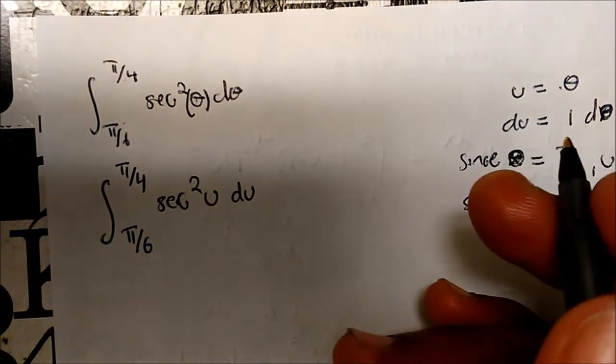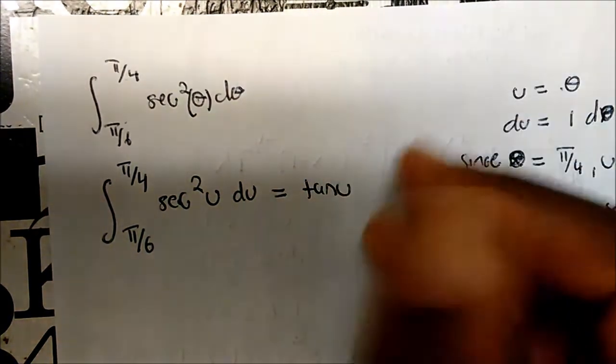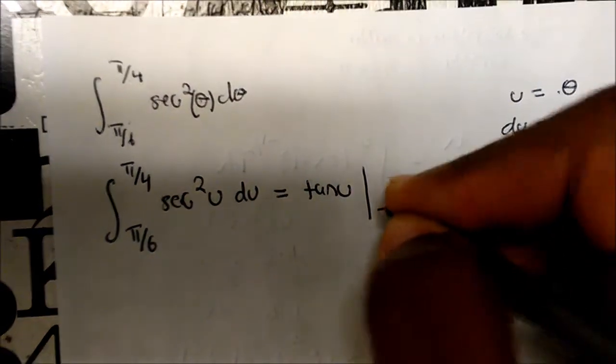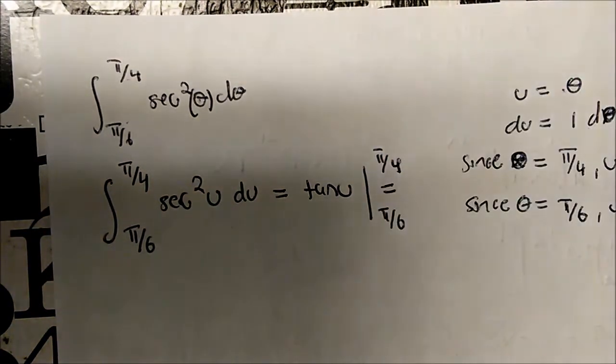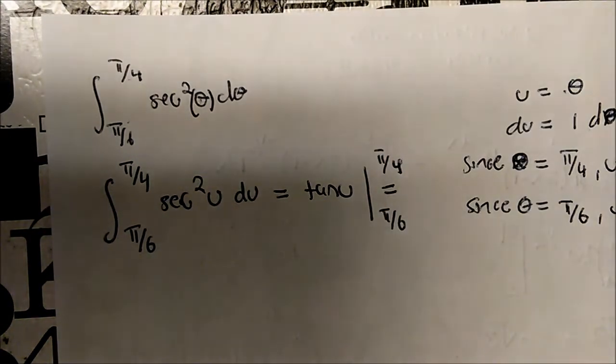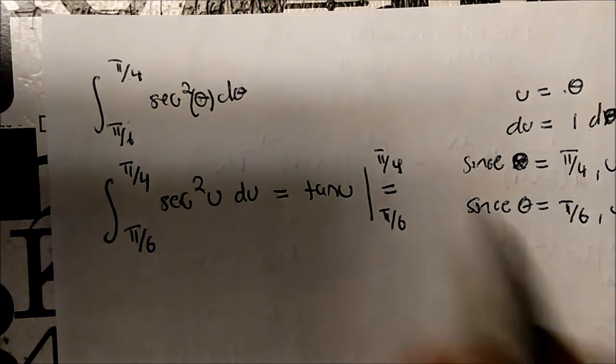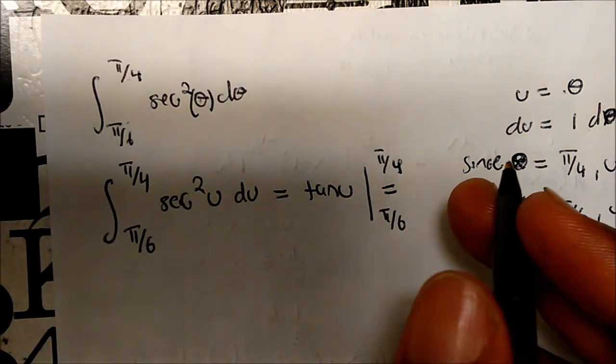The antiderivative of secant squared of u is just tangent of u, evaluated from the lower limit to the upper limit. So now I can just plug in these values for u and evaluate.